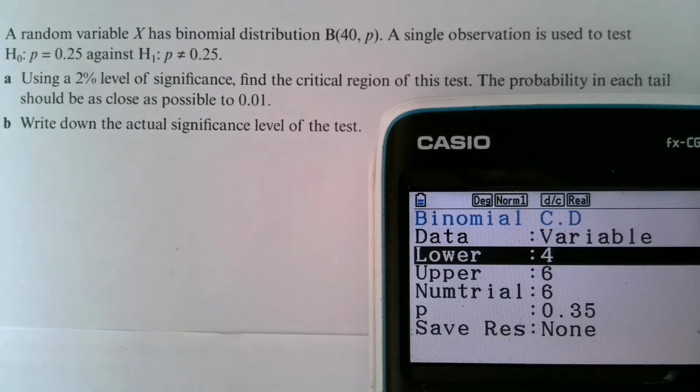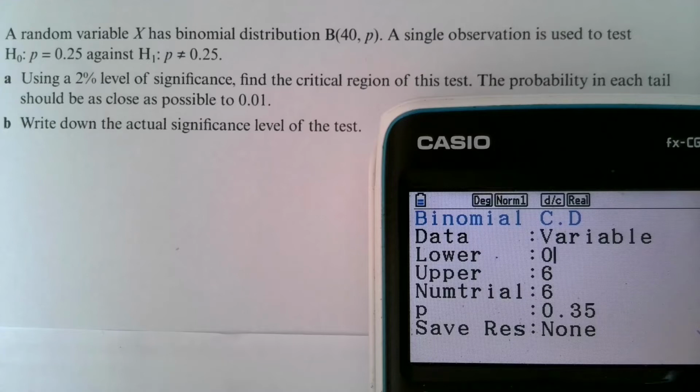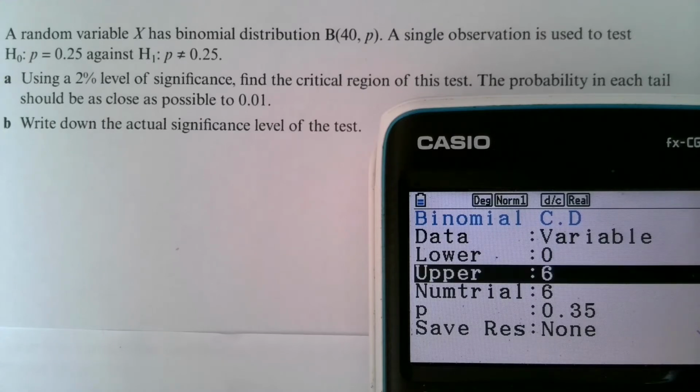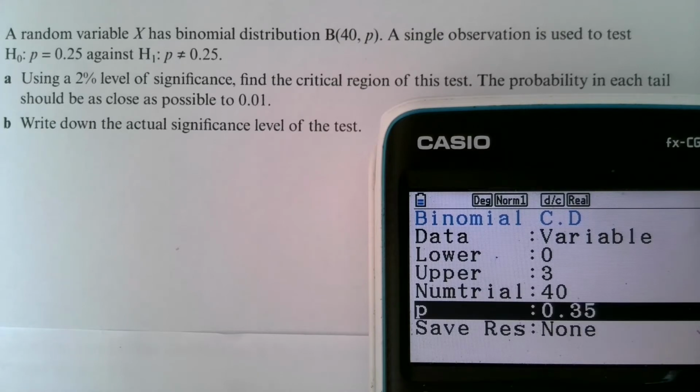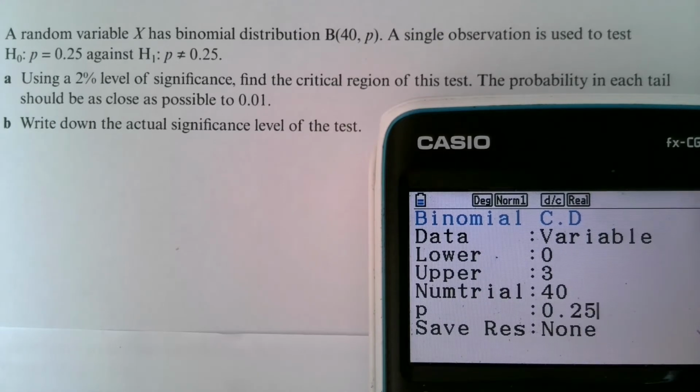So if we were to say at the bottom end, maybe what's the chance that there's only, I'm going to go for, at the bottom will have to be 0 up to maybe 3 out of 40, and the probability is 0.25.